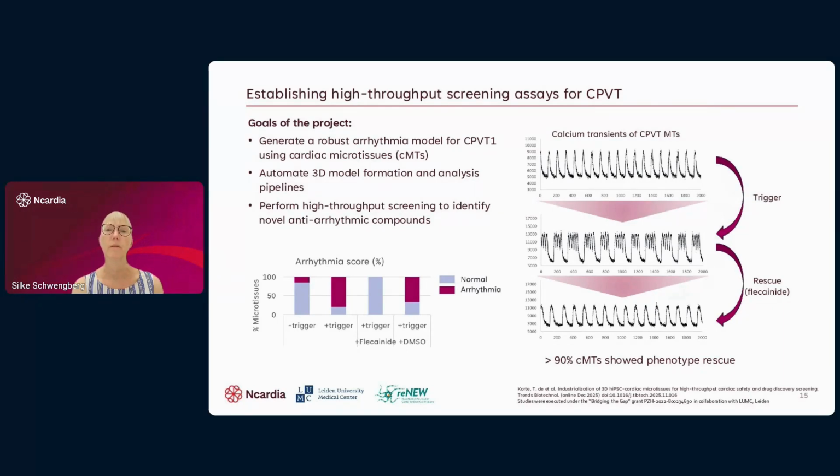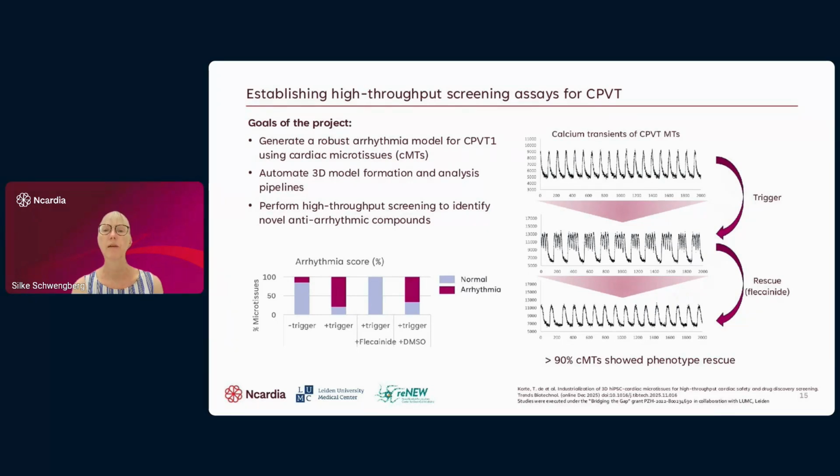So we were successful in generating the cell types from the CPVT mutant line. And as I showed you, we were also very successful in generating an automated 3D microtissue formation.